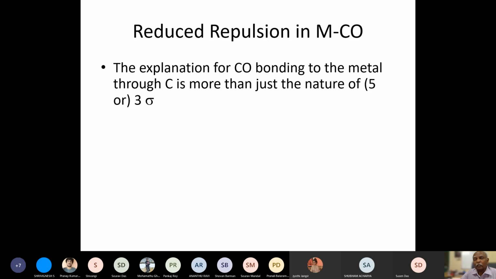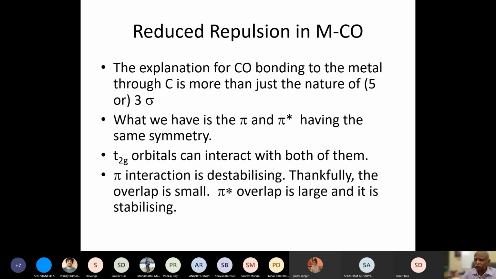Now, there is one more reason why it is better, and that is the nature of the pi orbitals on the carbon monoxide. The pi orbital on carbon monoxide and the T2G have got the same symmetry when you look at them from the metal's perspective.